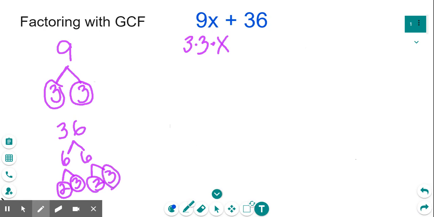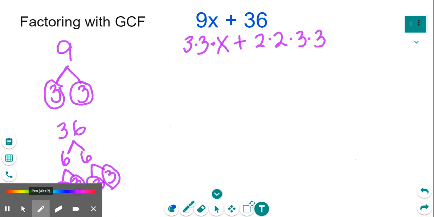So I'm going to break this 36 up, and I'm going to order these numbers also. So I have 2 2s, 2 times 2, and I have 2 3s, 3 times 3. And notice I don't have any variables, so I've just prime factorized everything. Now let's take a look at what they have in common.